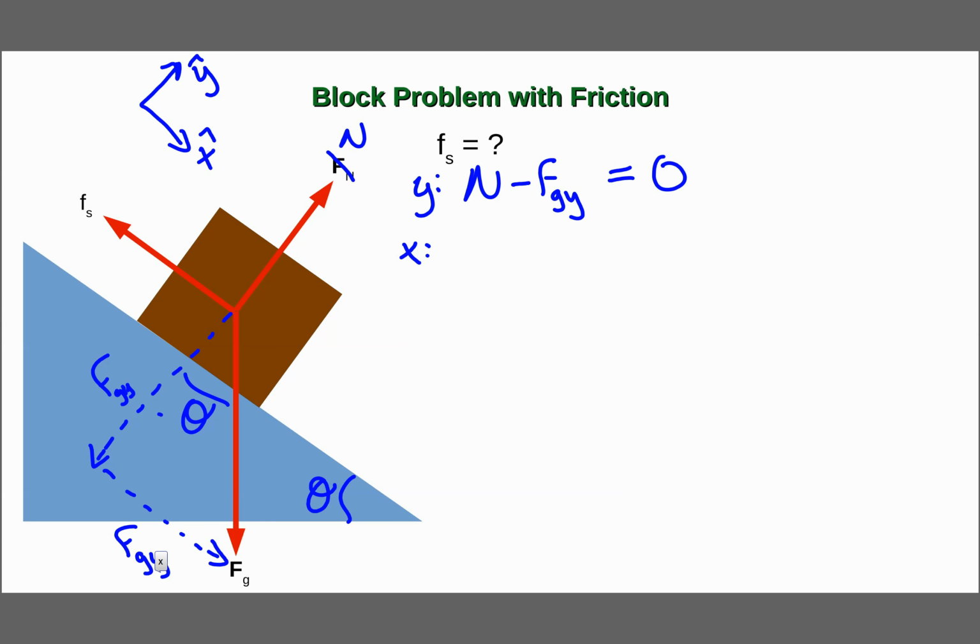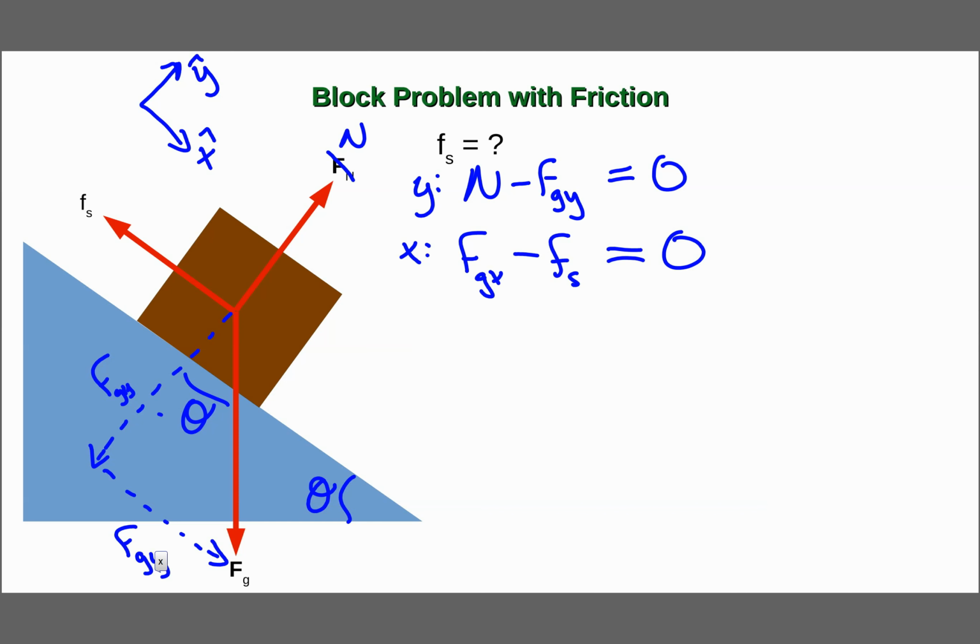In the x direction, we have the x component of the force of gravity, pointing in the positive x direction, and we have the force of static friction pointing in the negative x direction. But now we know that the object is not moving, so it must have an acceleration of 0, right? That was Newton's first law.